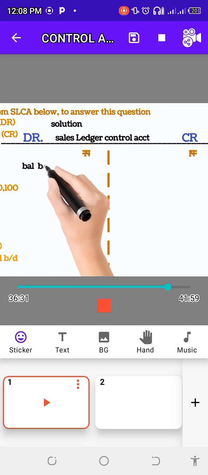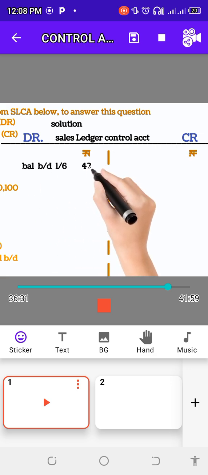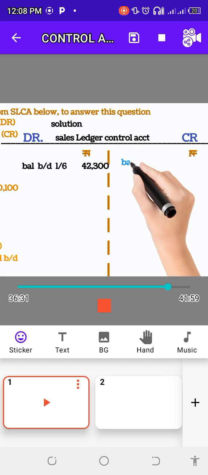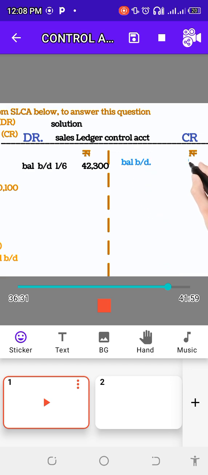Then the debit balance brought down is 42,300. This is debtors brought down from last month. Then the credit balance brought down is overpayment, a liability that we have to refund back to the customer.